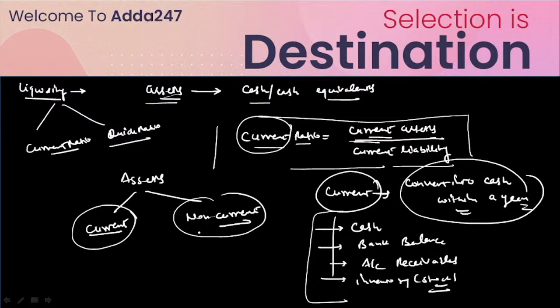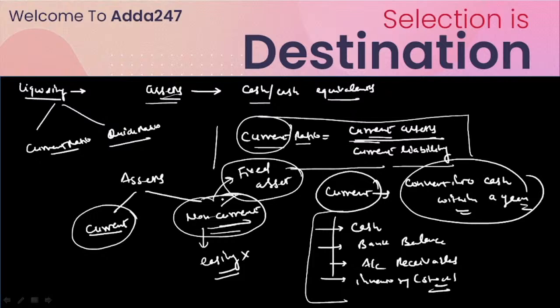And what we understand by non-current assets is simply assets that cannot be converted into cash easily. That is known as non-current assets, and they are mainly meant for long-term investment. In a question, non-current assets basically refer to long-term investment, like fixed assets or long-term investments.